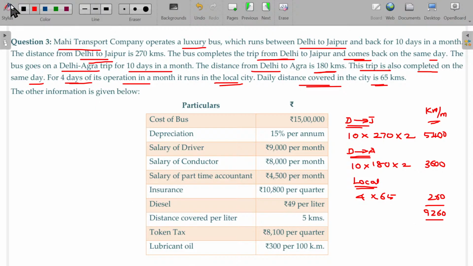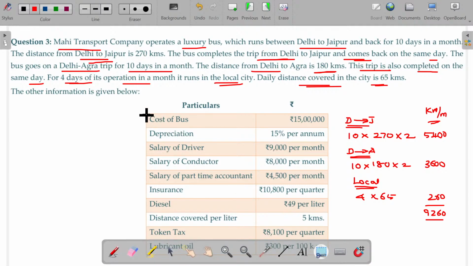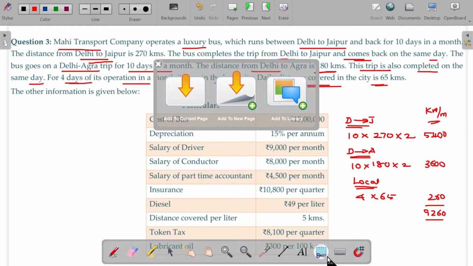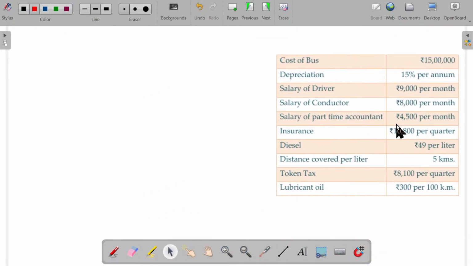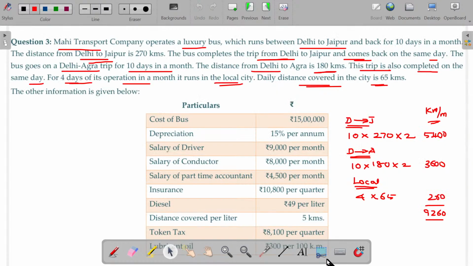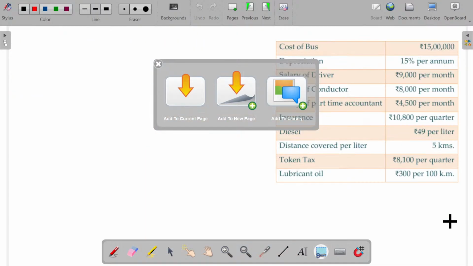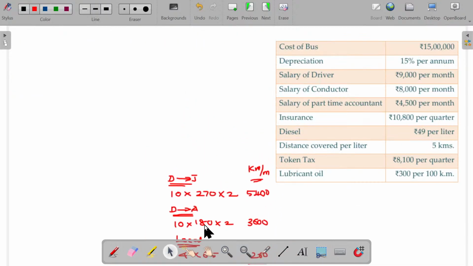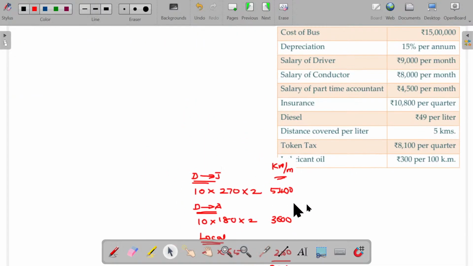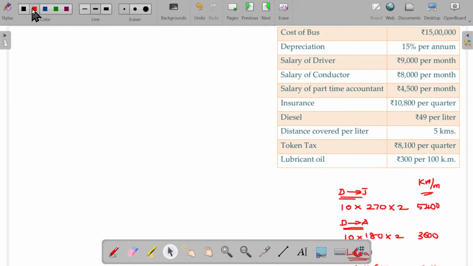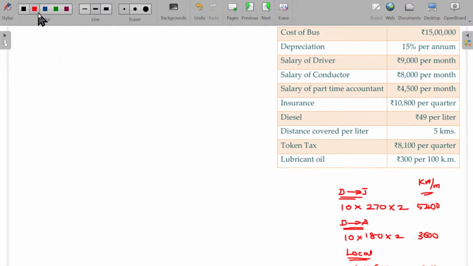And we have been given the cost of bus and depreciation, salary to driver and all. I'll now prepare the cost sheet here. Cost of bus depreciation given, so you can calculate the depreciation first.